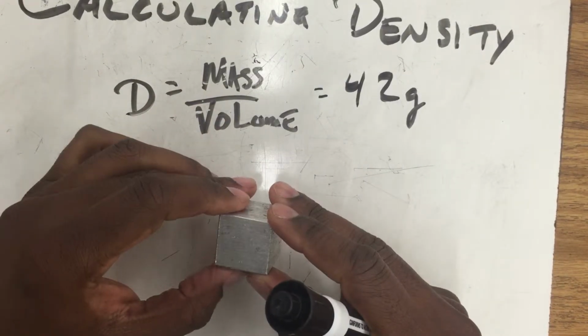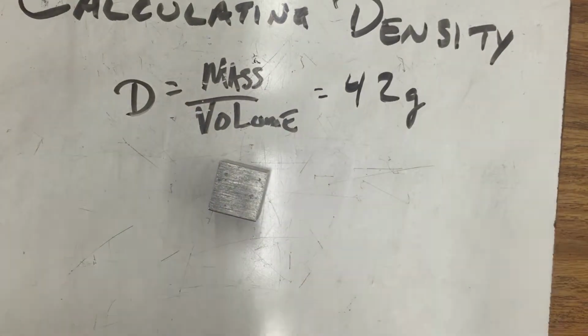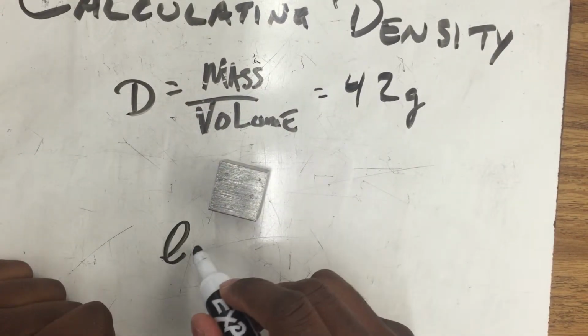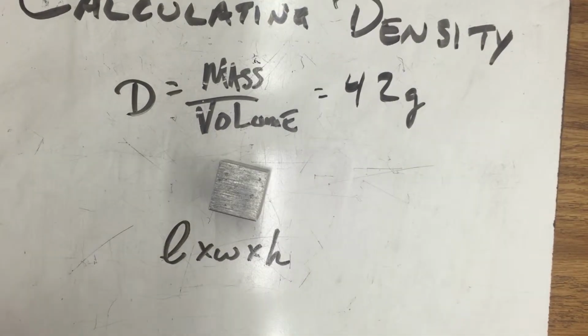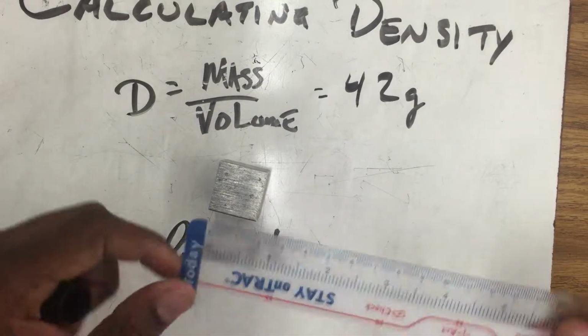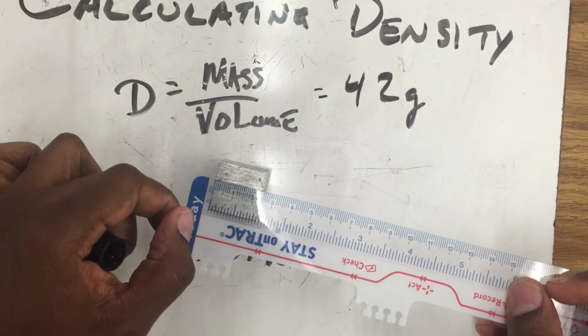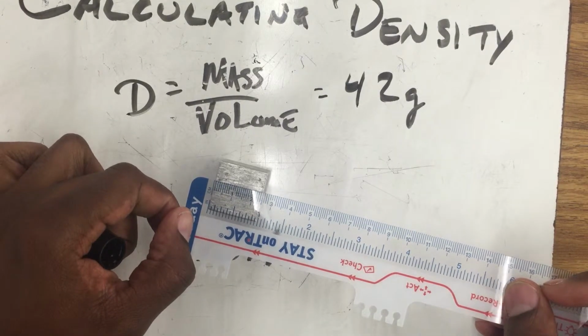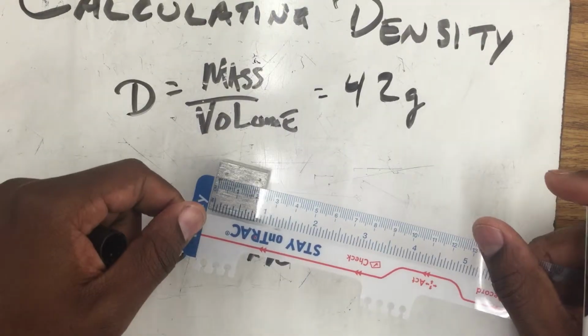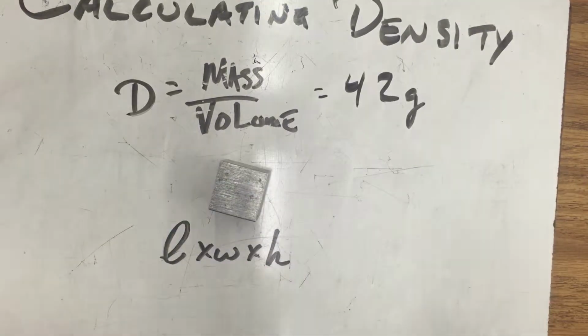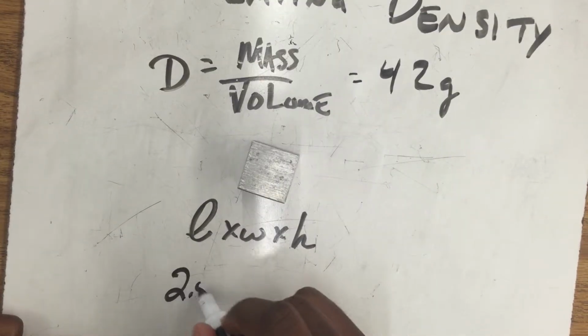So to get the volume of this, we can simply do the length times the width times the height. If we take our ruler and measure this in centimeters, one side of this cube is about 2.5 centimeters. Let me make sure that's right. Yeah, 2.5. So the length is 2.5 centimeters.